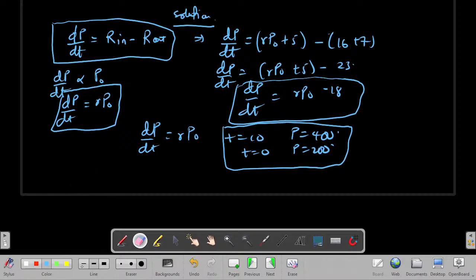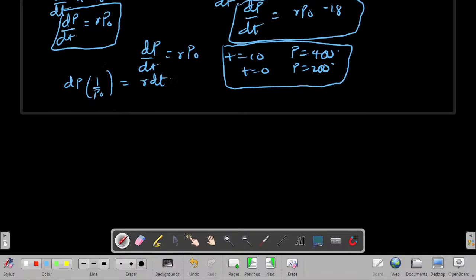So I'll simply have this side. I'll have the P here multiplying 1 over P equal to R. So here, what do I have? If I integrate both sides, I'm going to have the integral of 1 over P dP equal to the integral of R dt.